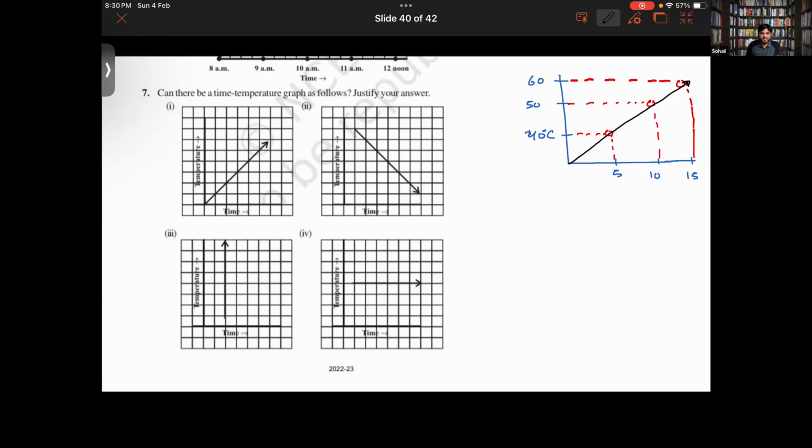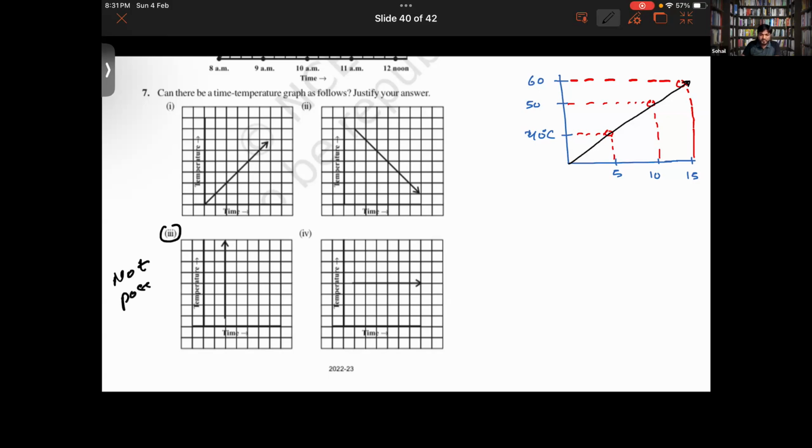It doesn't happen that temperature keeps on increasing but the time is constant. If temperature is increasing, there must have been some time taken for it to increase. So C, the third one which you are answering, is correct. This was not possible.